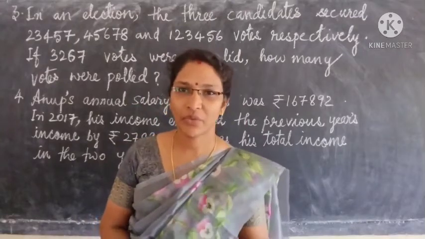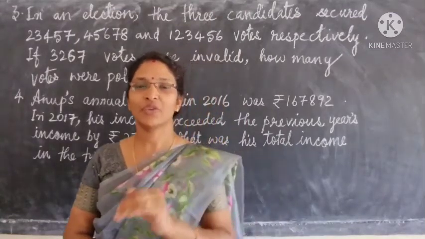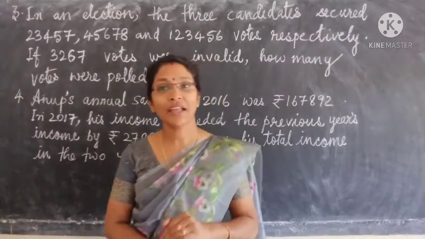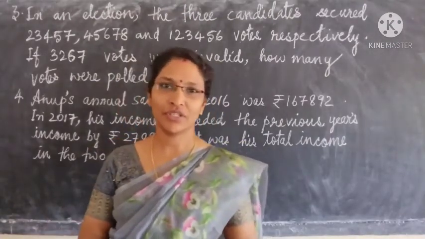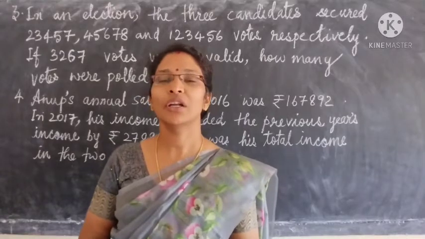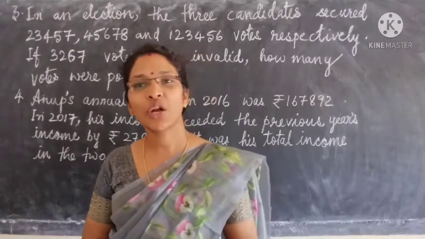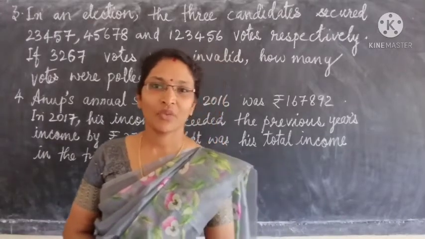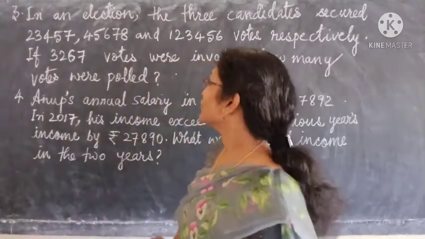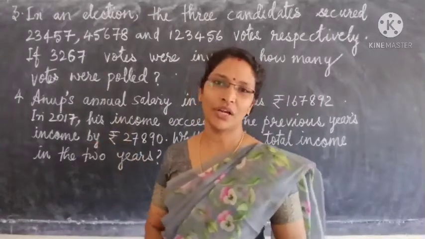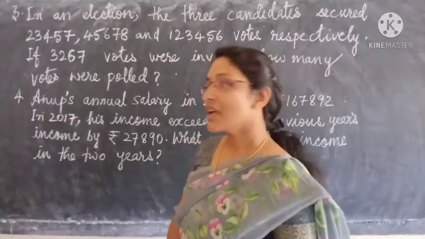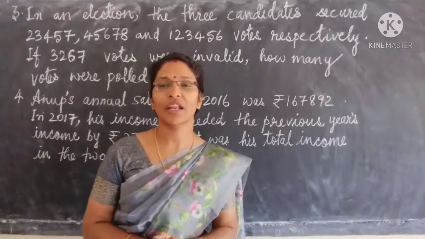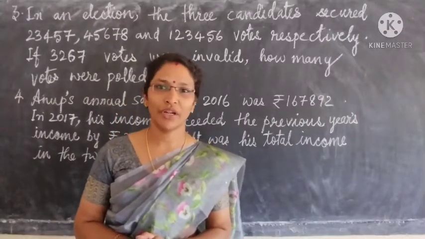Means the votes secured by the first candidate, the second candidate, the third candidate, and the invalid votes. When you add them all, then only we will get the total number of votes polled. Okay? Then what we have to do? We have to add them all. Then we understood what to be done to find out the total number of votes polled.